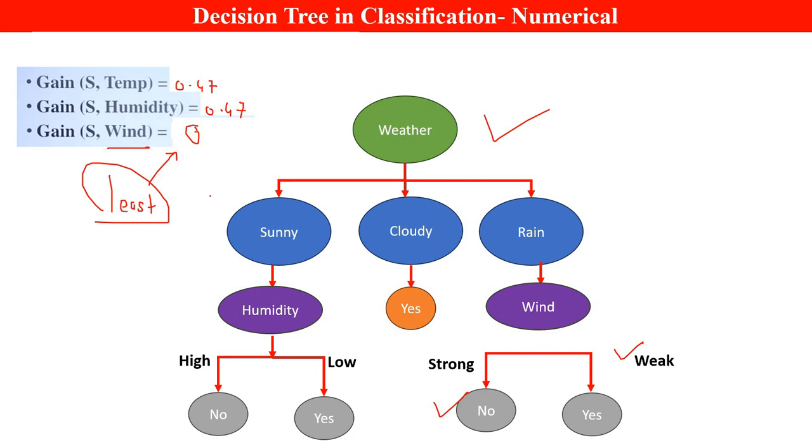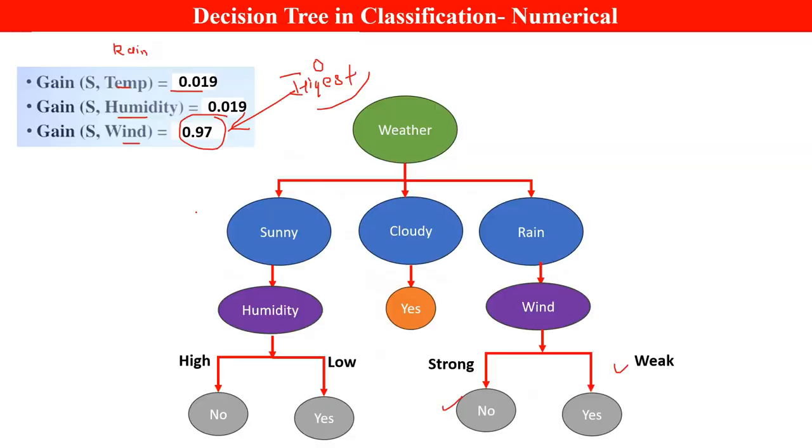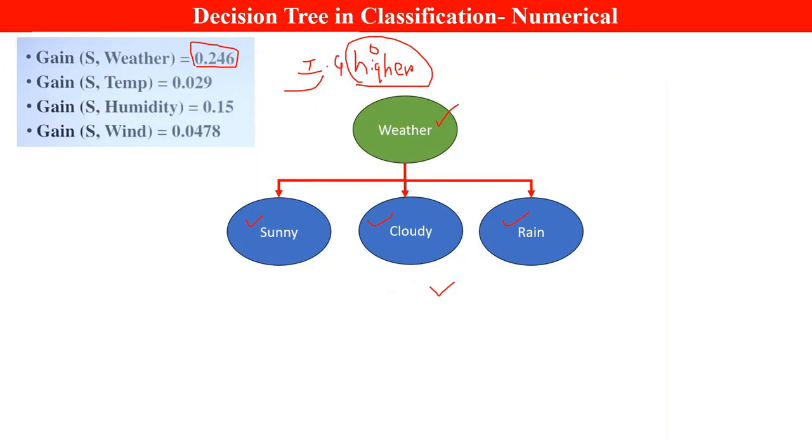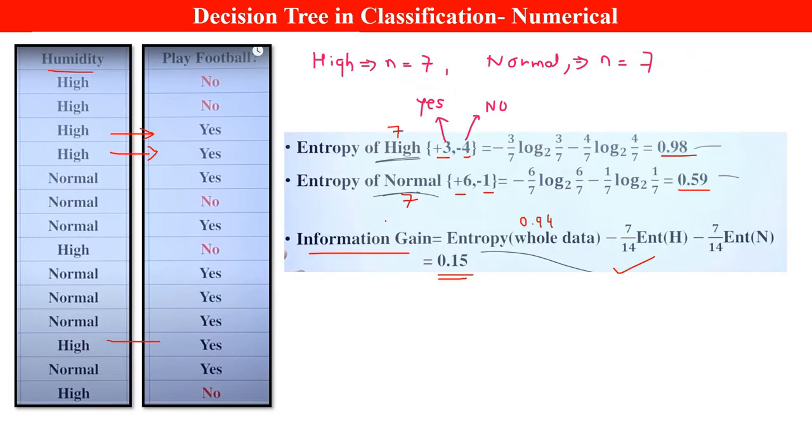So what is the difference between entropy with information gain and the Gini index? In the previous problem, we calculated the entropy, then we calculated the information gain. While calculating the information gain, we subtract the weighted average multiplied by the entropy of the children from the parent entropy.